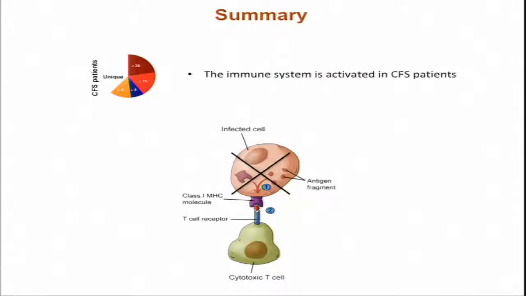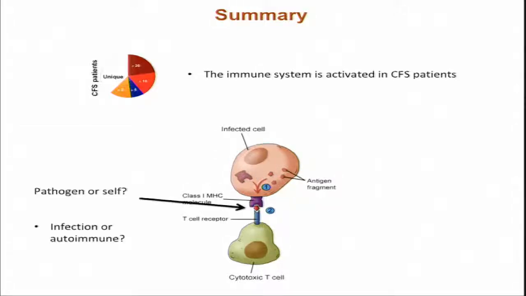I have been talking this whole time in the context of an infection, but of course there are a lot of hypotheses that it could in fact be from yourself, so there could be an autoimmune disease. Right now we have solid evidence that there is indeed activation.